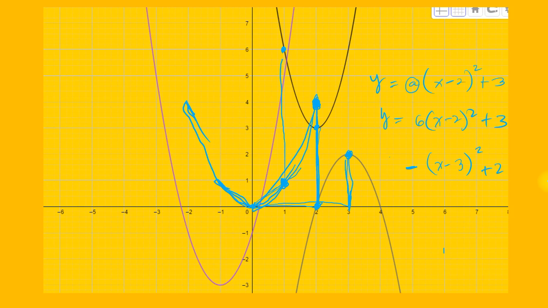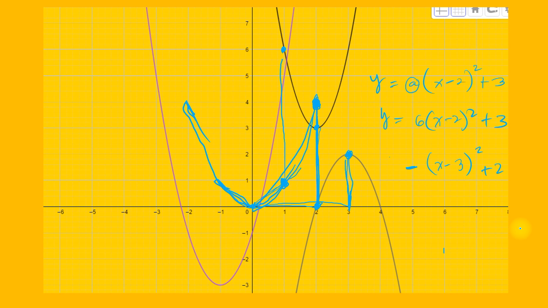How about this one? So the graph is moved to the left, negative 1. So you have y equals x plus 1 square. Then move down by negative 3. Negative 3 square. There is no reflection happening, but okay, the 1 becomes 3.